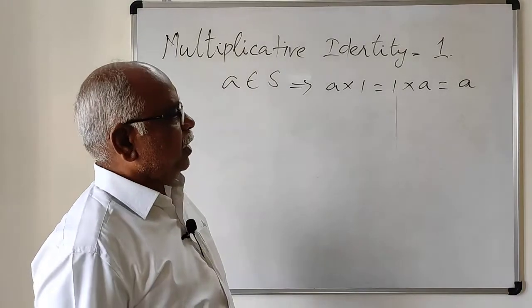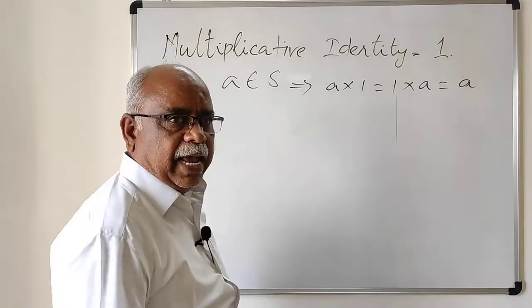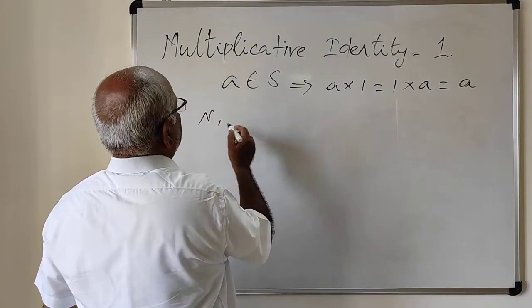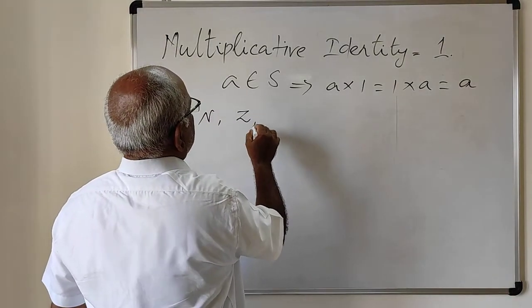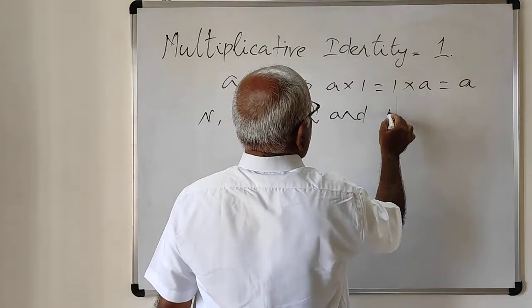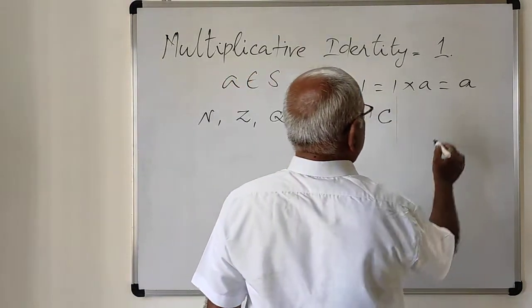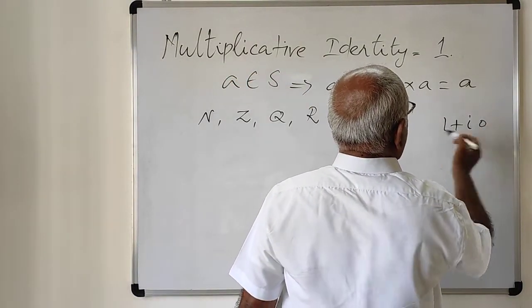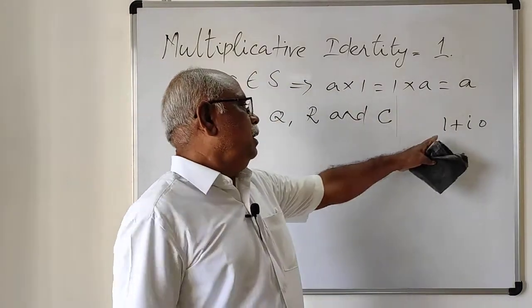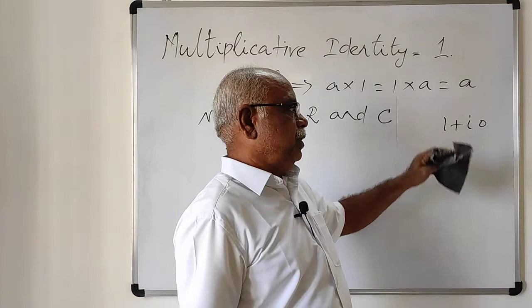1 is a multiplicative identity, and 1 exists in all the sets N, Z, Q, R, and the set of complex numbers also. In the set of complex numbers, 1 plus i0 is the multiplicative identity. The imaginary part is 0, the real part is 1.